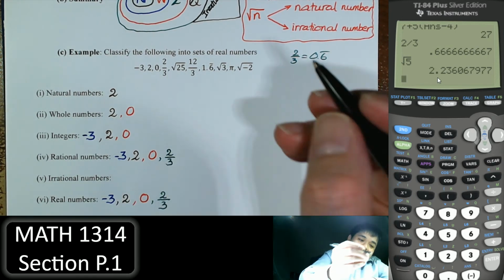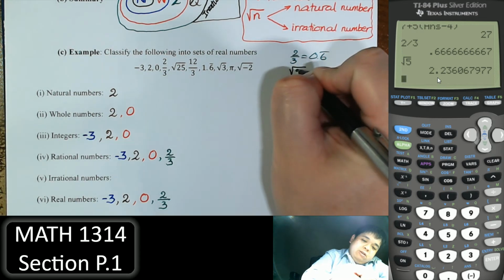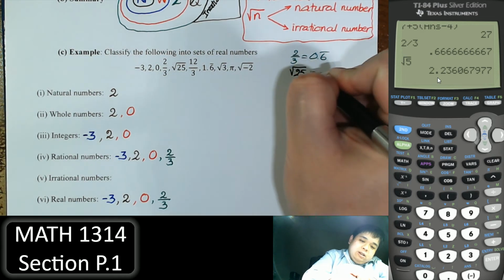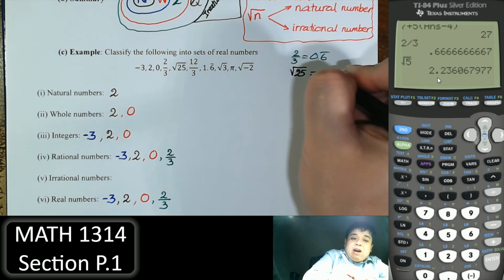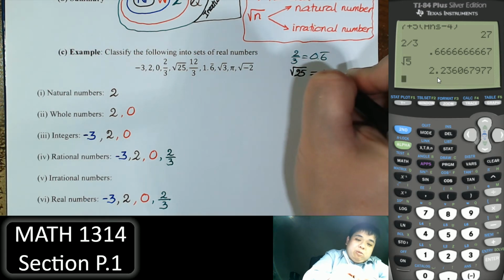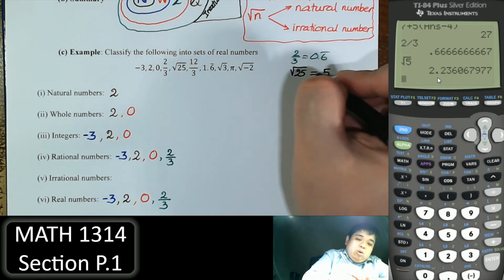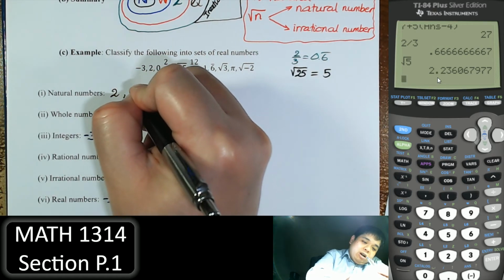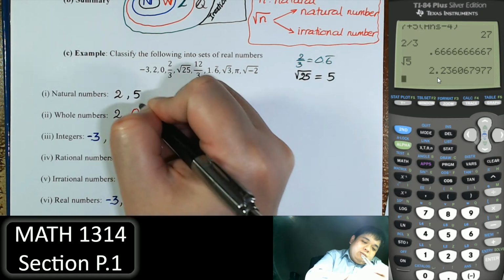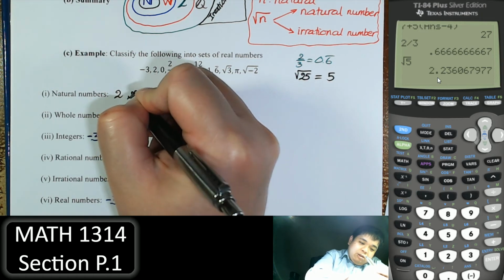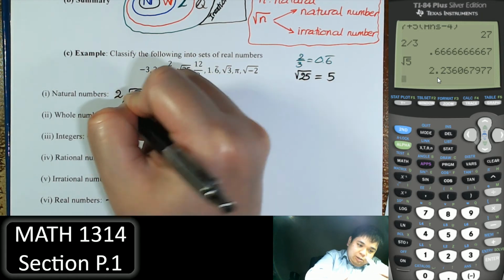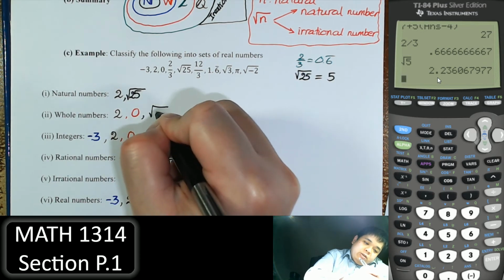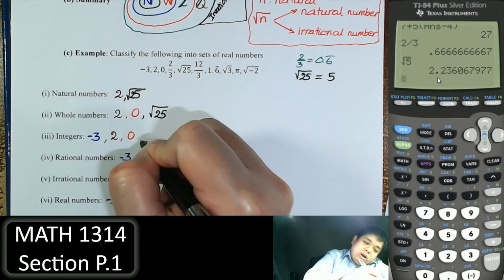Next, square root of 25. So what is the square root of 25? Square root of 25 is 5. 5 times 5 is 25. So the square root of 25, because of that, equals 5, which is a rational whole number. Just write square root of 25. Square root of 25 is also a whole number.